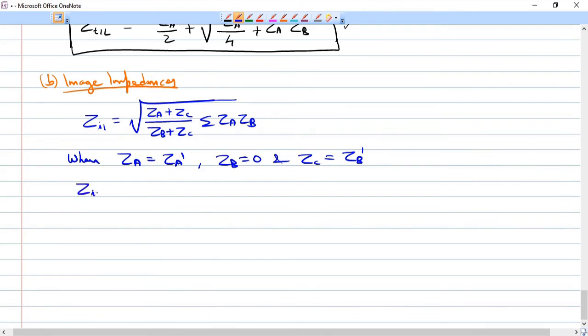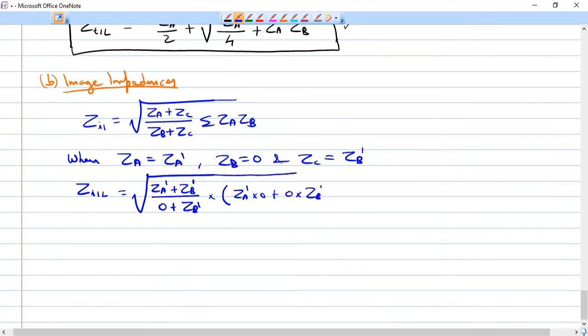So we will get the image impedance Zi1 for an L network as equal to square root of (Za dash plus Zb dash) divided by (0 plus Zb dash) into sigma ZaZb, that is ZaZb plus ZbZc plus ZcZa. So ZaZb will be Za dash into 0, plus ZbZc, 0 into Zb dash, plus ZcZa will be again Za dash into Zb dash. Okay.